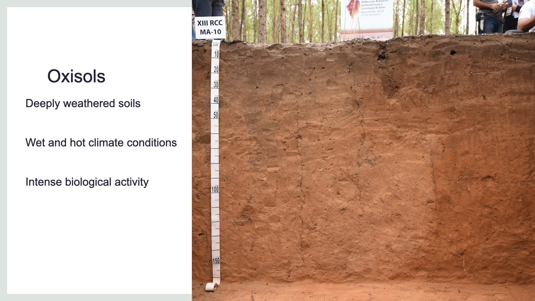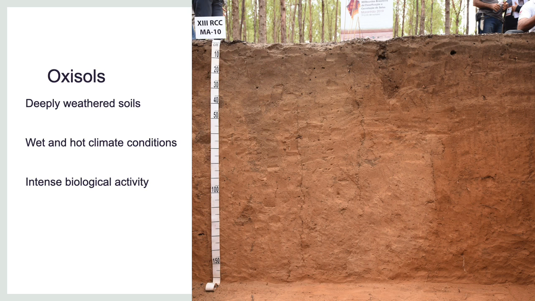So to form an oxisol, I need to think about a parent material that was weathered and leached by intense tropical climate conditions, wet and hot climate conditions that destroy basically all the primary minerals and now concentrate iron oxides and some silicates, but especially one-to-one minerals, those minerals that are more resistant against the weathering.